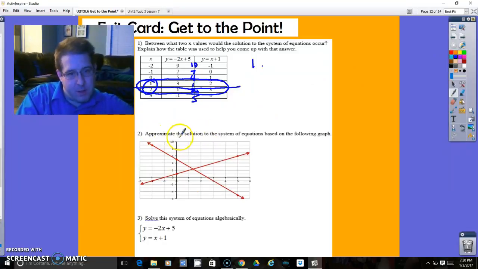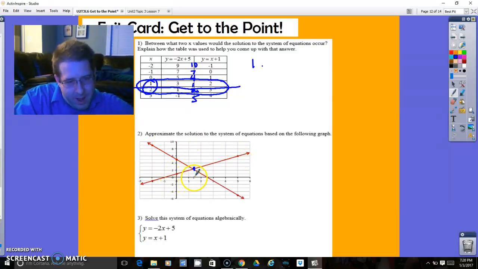This one says approximate as well, so approximate the solution to the system of equations based on the following graph. Okay, so it looks like we've got another decimal going on here. What we do know is when you graph two equations, wherever they intersect is the answer. Now it's looking like the answer is about 1 1/3. You might or might not have noticed that this table and these graphs are exactly the same thing.